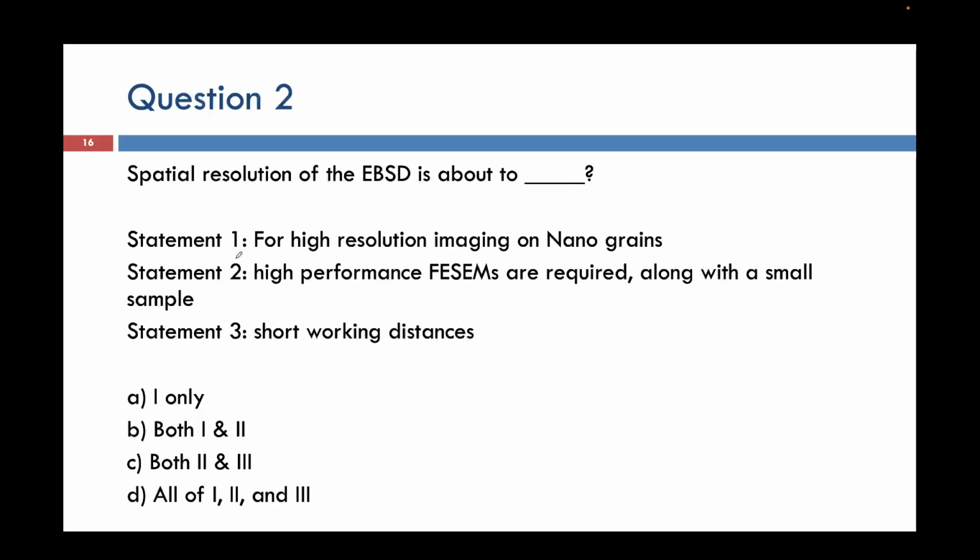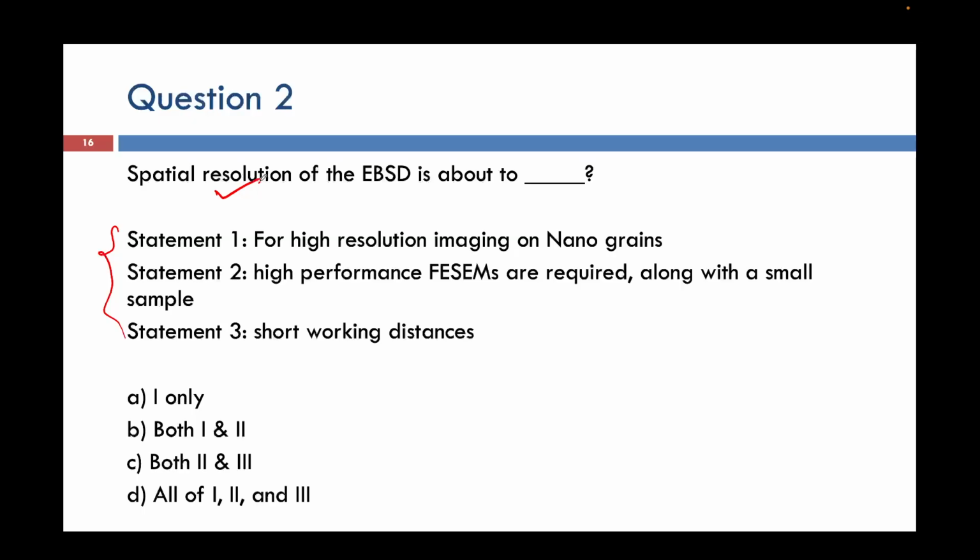This is another question related to EBSD. The question is about the spatial resolution of the EBSD. Out of these three statements, which one is correct?